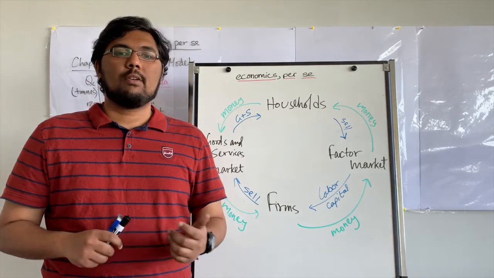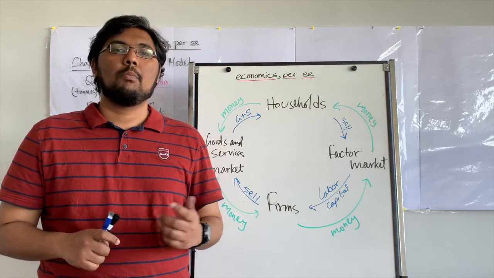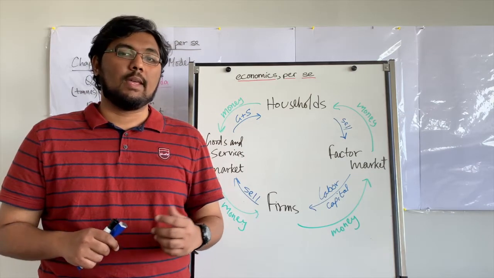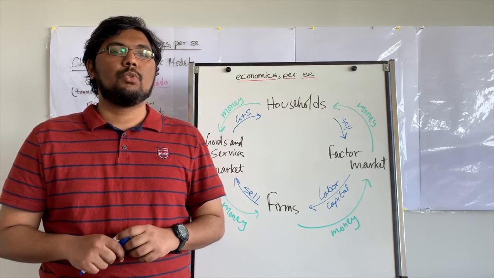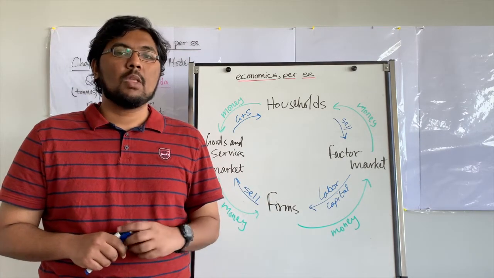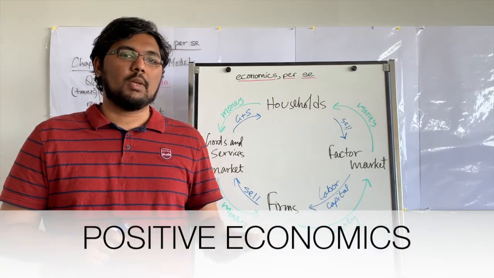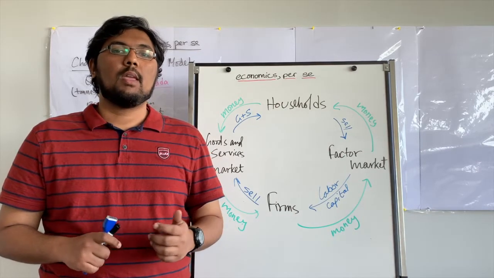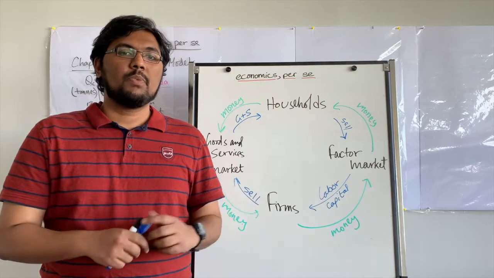So far, we have learned about economic models and how vital these are to analyze an economy. We also have to know that there are two branches of economic analysis. One of those is positive economics. Positive economics describes the way the economy actually works.